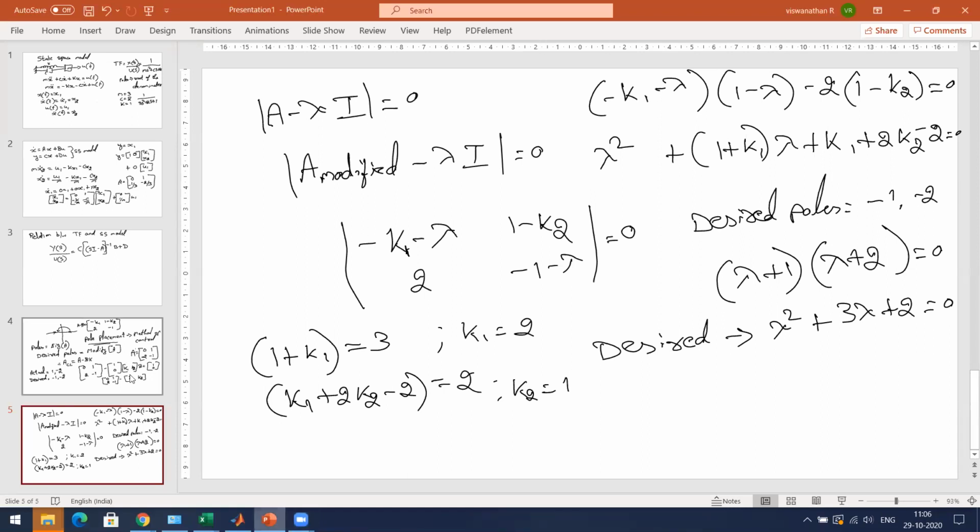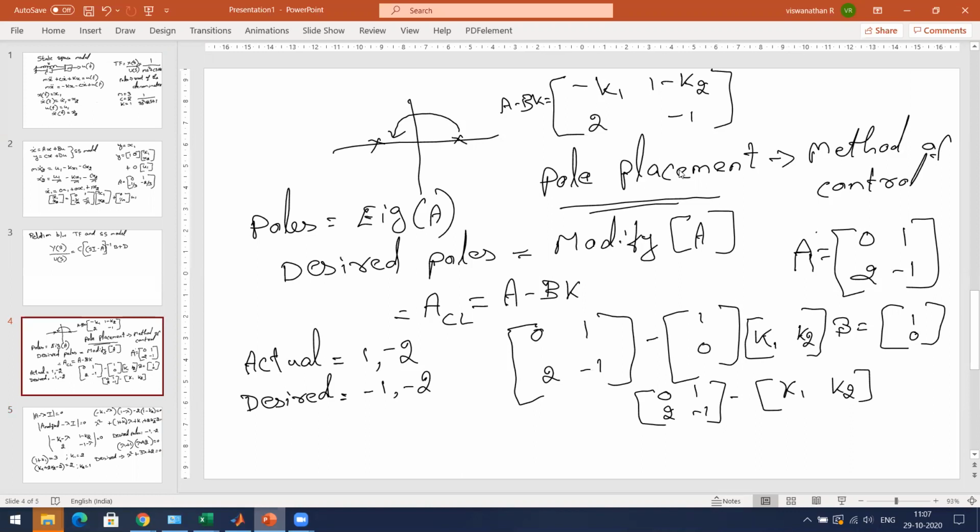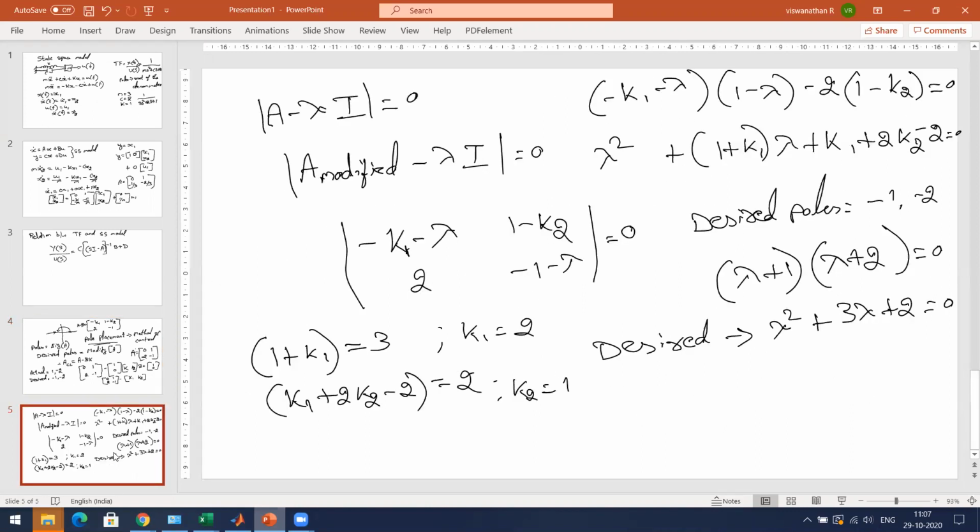We'll not go into too much depth, but I've covered the basics: what the pole placement method is and how it works. We'll do this in Simulink sometime and try to understand how it works. Instead of the transfer function block, we can use a state space model block.